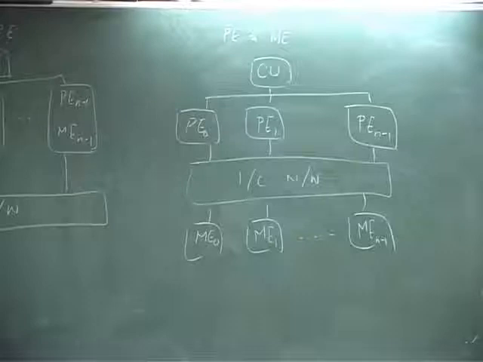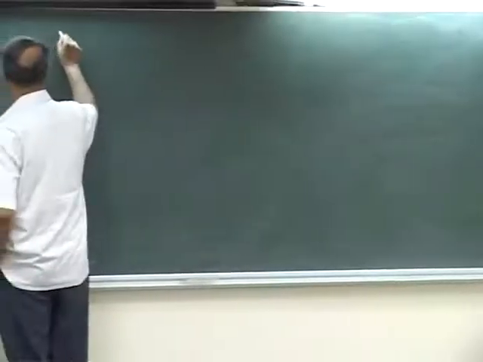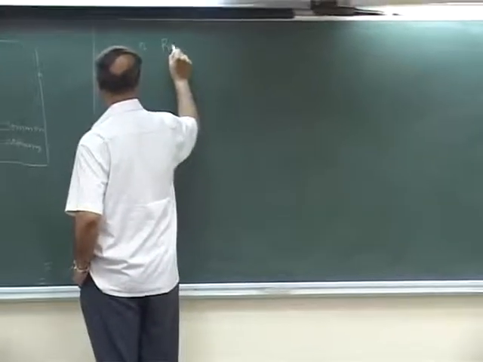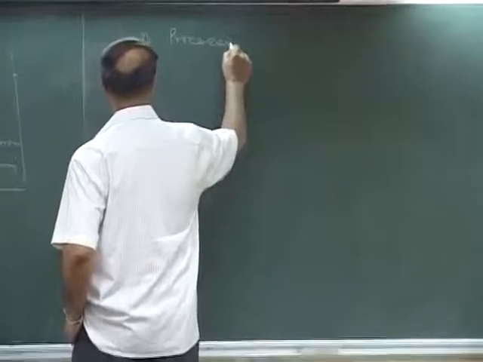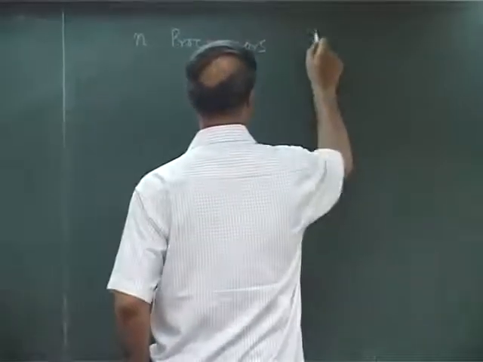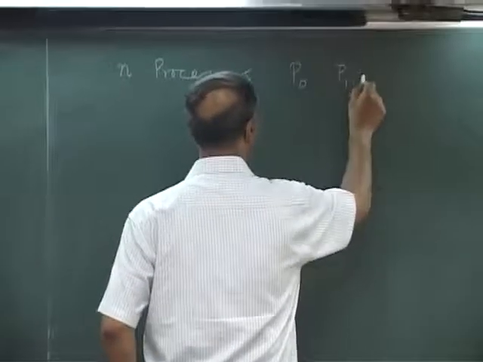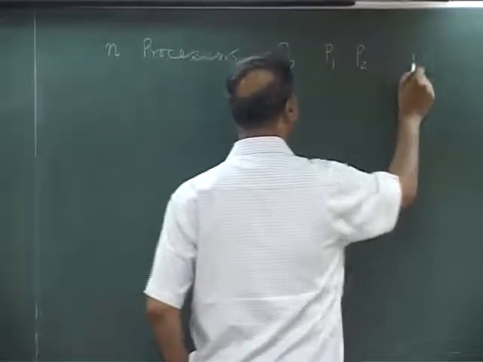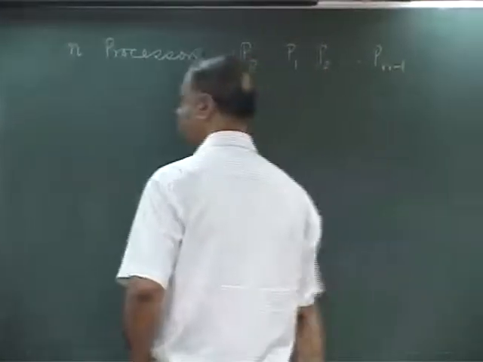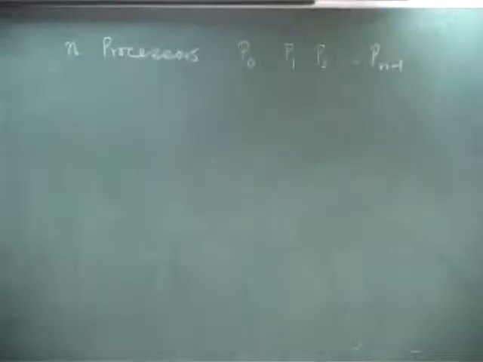Now let us consider the shared memory model first for detailed discussion. Here you have n processors, numbered P0, P1, P2, up to Pn-1. The control unit uses these n processors, and these processors can be made active or inactive by setting the mask.